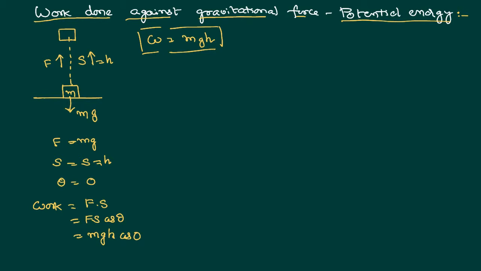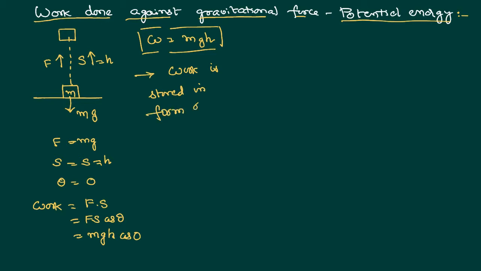Now, the work done all of a sudden cannot disappear. You have done some work, you have used some of your energy, and that energy cannot disappear. What happens is that the work done is stored in the format of energy. That stored energy is called potential energy.